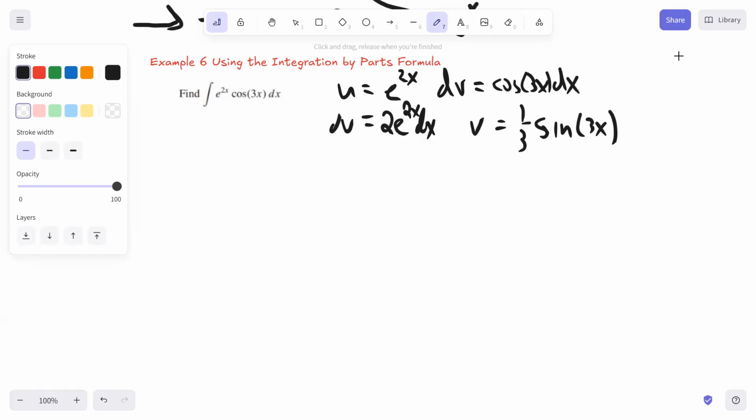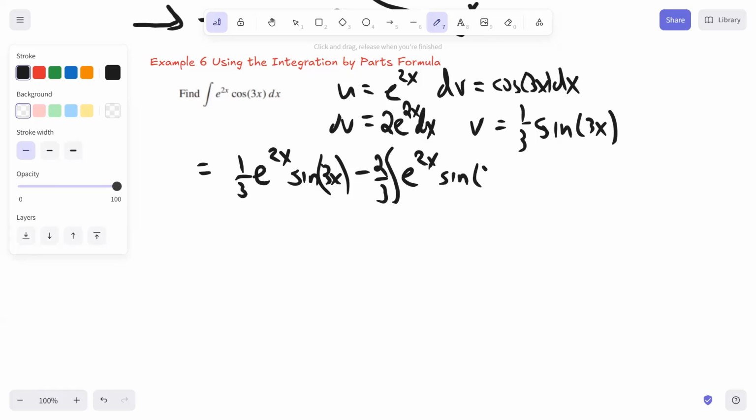And then the uv is going to be 1/3 e to the 2x sine of 3x minus the integral of v du. So the 2/3 would come out front, and we would have e to the 2x sine of 3x dx.